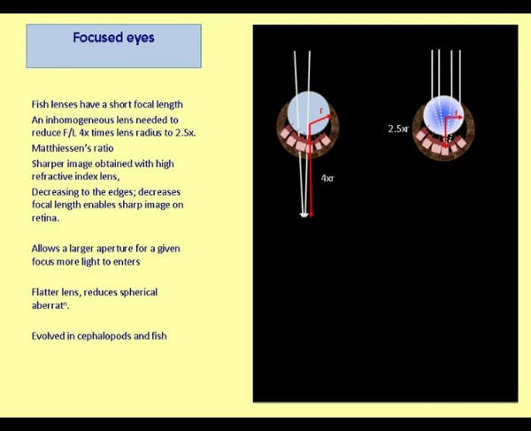And what it turns out is that they use a lens that is differently dense, different refractive indexes at different places in the lens, which means the light can now focus sharply onto their retina at about 2.5 times the diameter of the lens, which is all you need for a fish eye, which is excellent. And this is called Matthiessen's ratio, from the person who first did it over 100 years ago. Now, we can get a sharp focus on the retina.